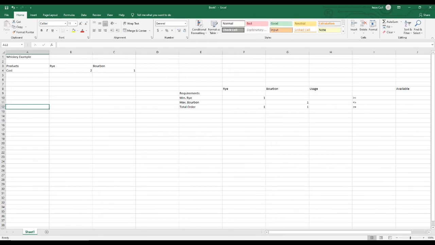So as you can see, I've done all of this over here. Now it doesn't matter in any way as long as I enter my key points into solver.